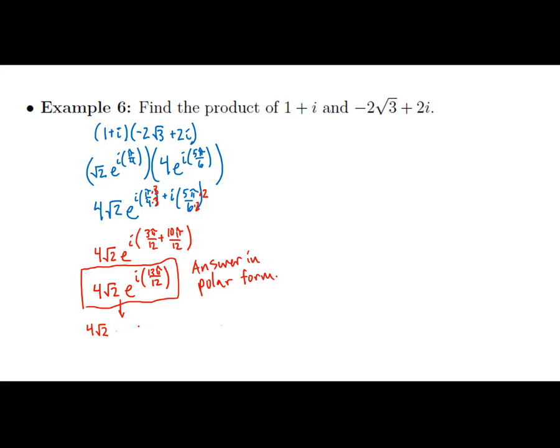So this would be 4 root 2 cosine of 13 pi over 12 plus I times 4 times the square root of 2 times the sine of 13 pi over 12.